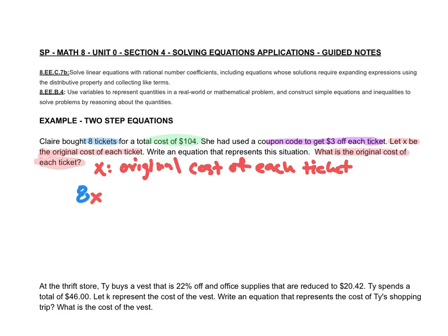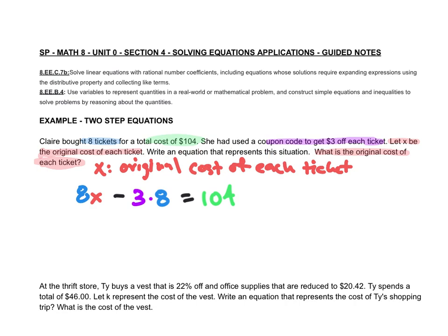And then because we have a coupon for $3 off each ticket, I'm going to subtract $3 times the number of tickets, which in this case is 8, and then set that equal to the total cost of $104. This is the equation that I want to set up.